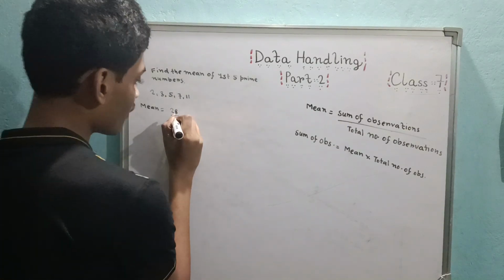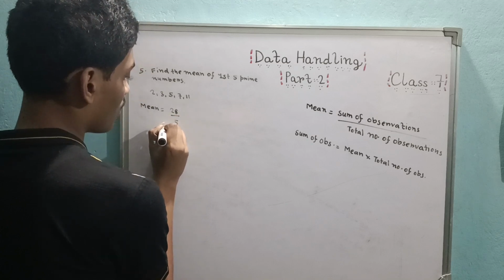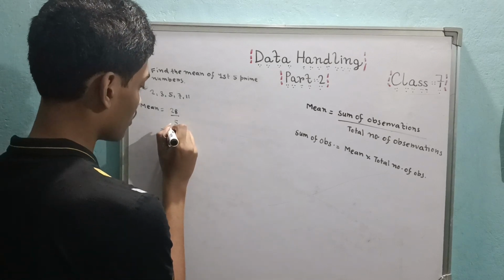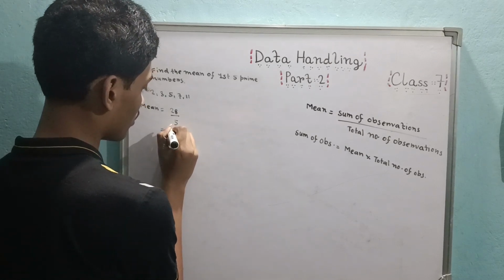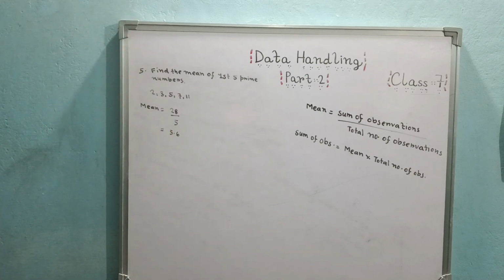Divided by the number of observations, 5. 28 by 5, quick maths, 5.6. This is it. So easy.